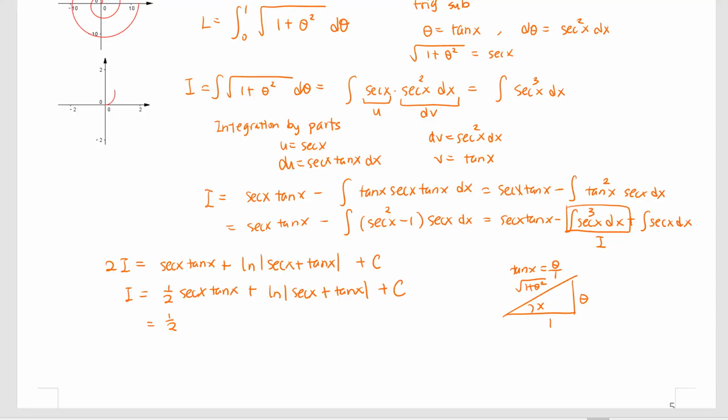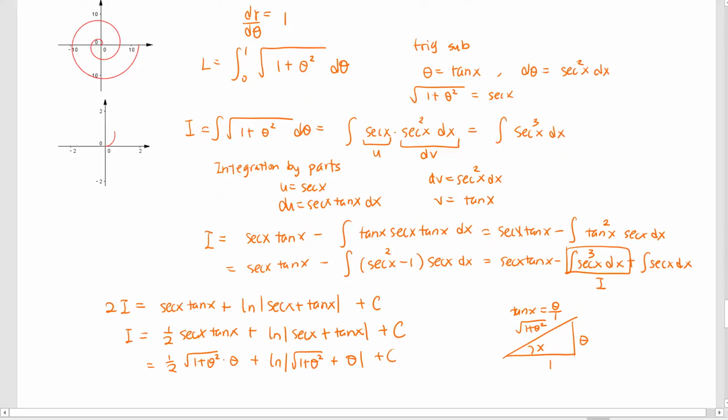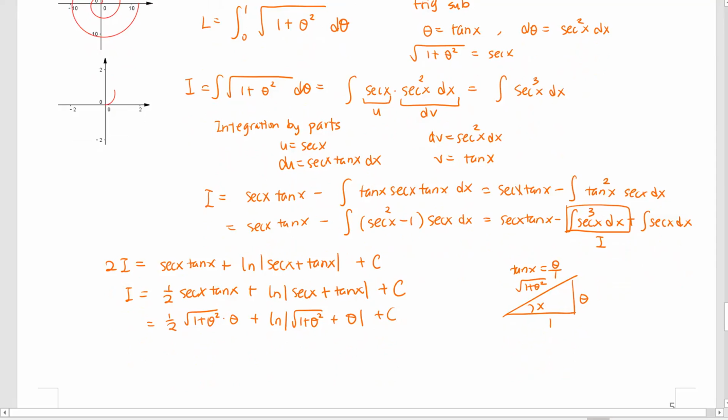Secant is 1 over cosine, so hypotenuse over adjacent. Tangent is opposite over adjacent. And the square root of 1 plus theta squared plus theta. Okay, so finally, our L, we can plug in. So is everything clear here?